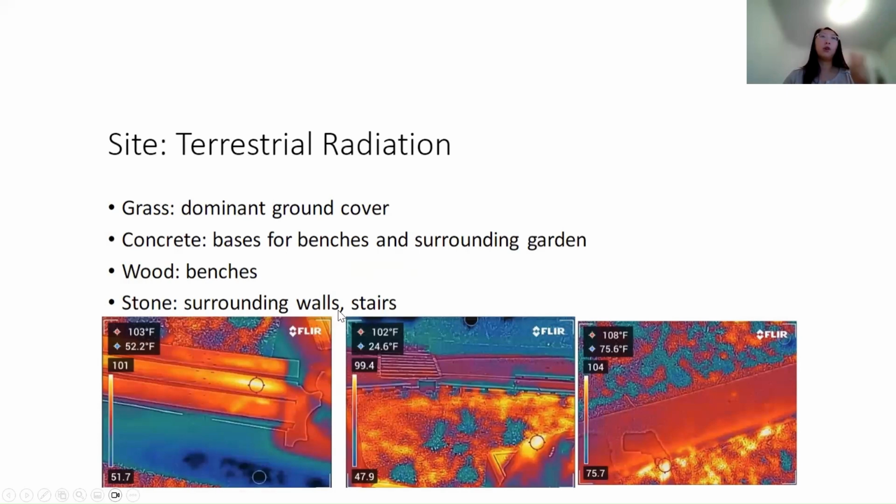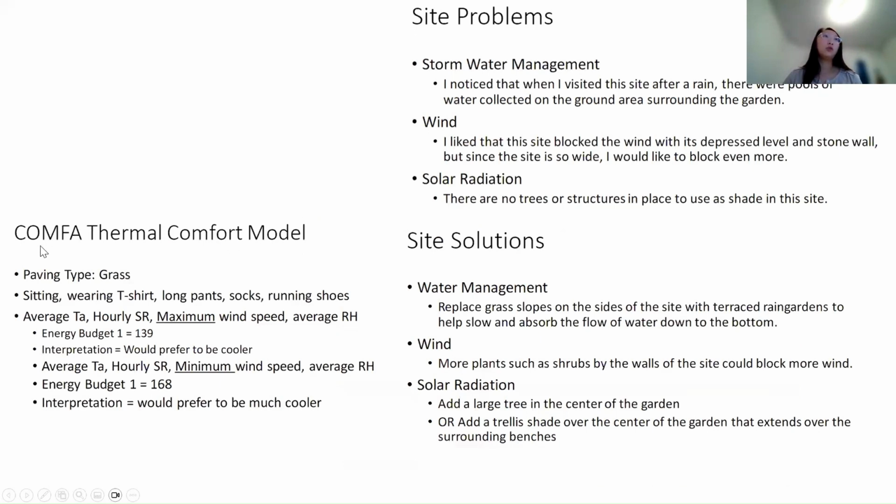She used a thermal gun, or thermal camera, to test different materials. And then she used a thermal comfort model to do some calculation for the energy budget. And then she started to state some site issues and some site solutions.